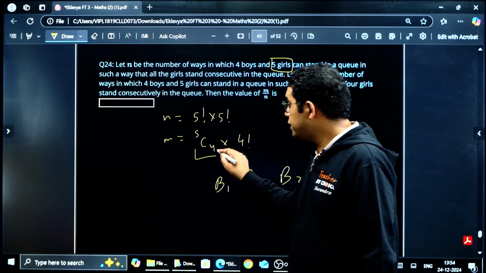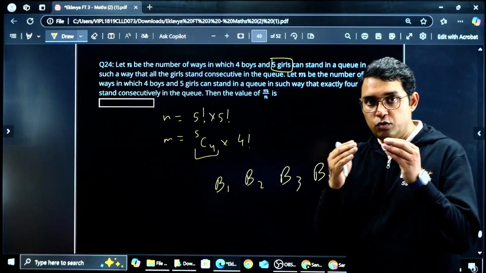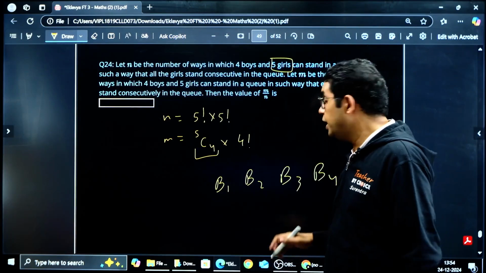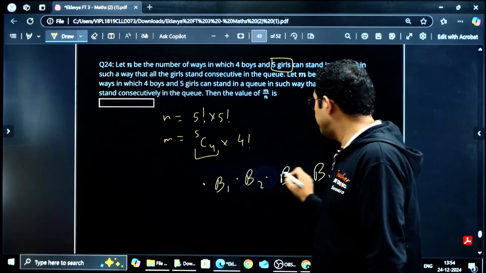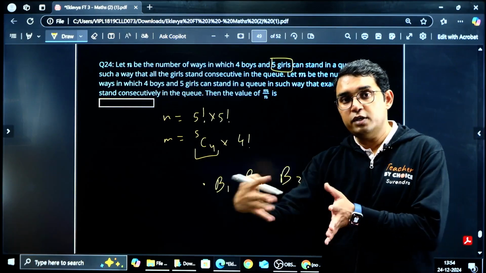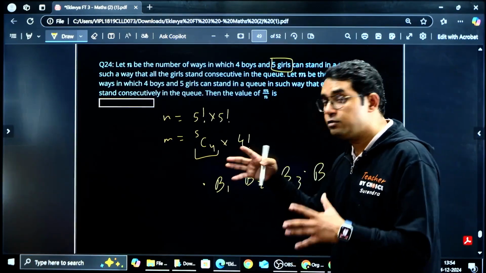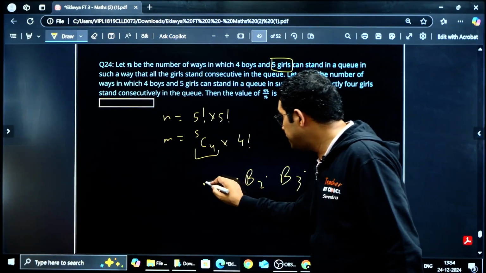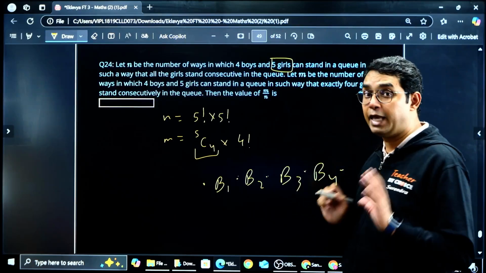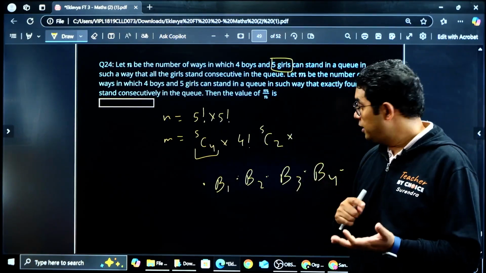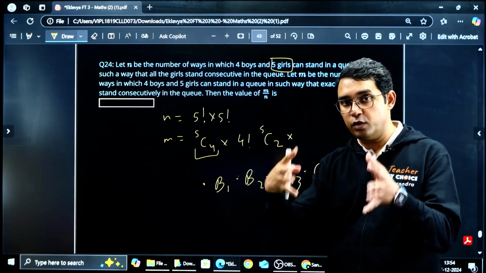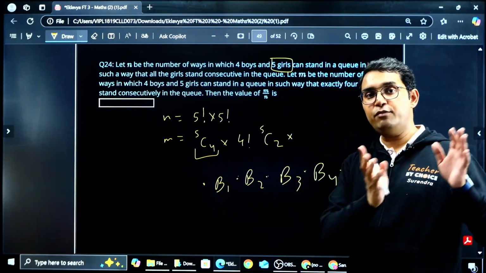Now 5C4 ways, we chose 4 girls who are going to stand consecutively, and the 5th girl will be standing somewhere else. Now for 4 girls and the 1 girl, I need 2 different spaces so that these 5 do not come together. So out of these 1, 2, 3, 4, 5 gaps, we say I have to choose 2 gaps in which one of the gaps will be occupied by the 4 girls and 1 gap will be occupied by the 1 remaining girl.